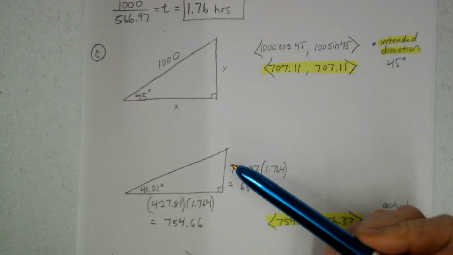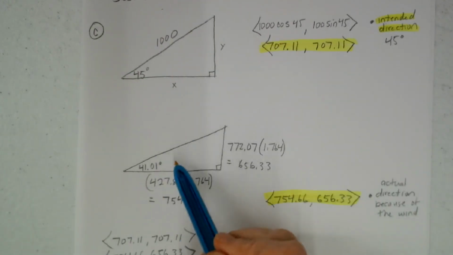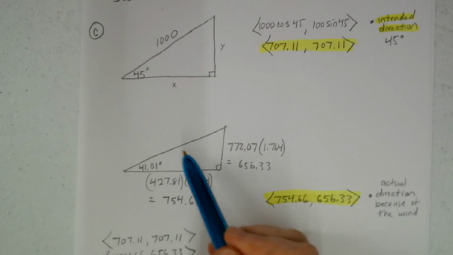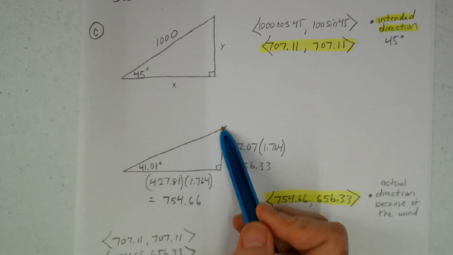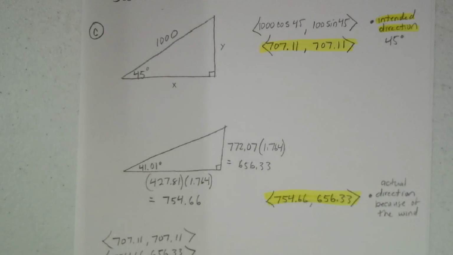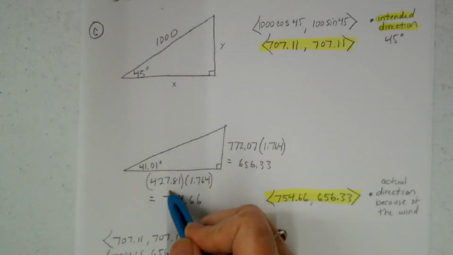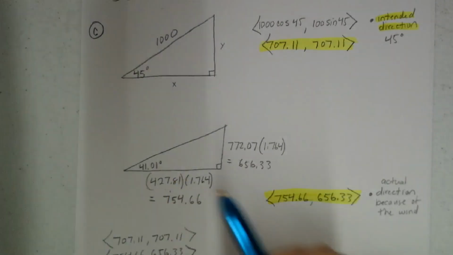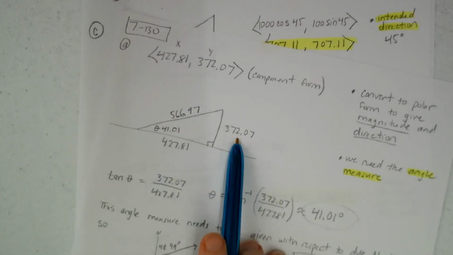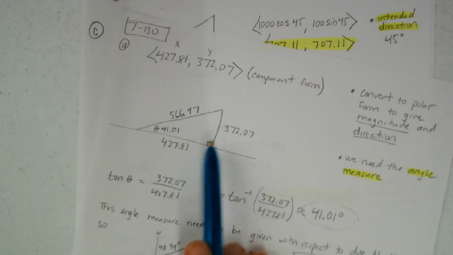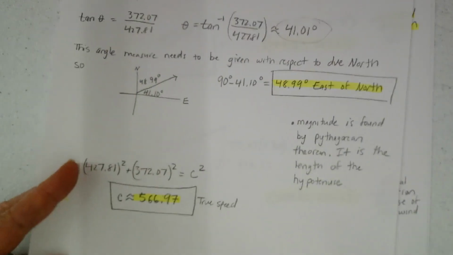And then I'm going to remember that other triangle, where this was the resultant after we took the wind into consideration. I'm going to multiply these two sides by, remember we found out the time? Didn't we find out the time?